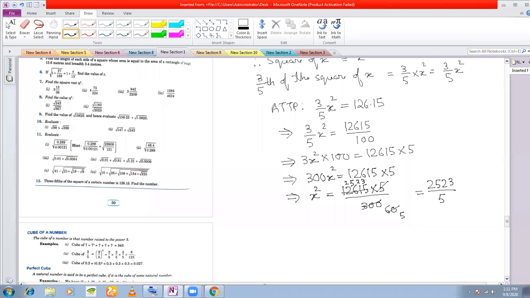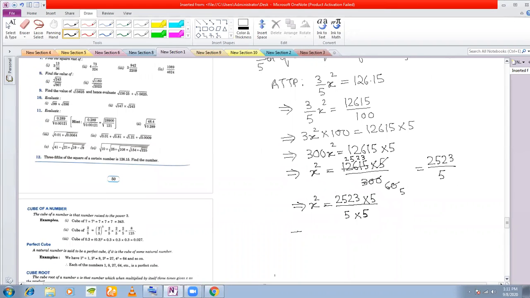Then we have to divide it by 5. Yes, you can make 5 a perfect square. So what you do here is, 2523, I have a 5 in the denominator. How can I make this 5 a perfect square? By multiplying it by 5. And when I'm multiplying this by 5, I need to multiply the numerator also by 5, right?